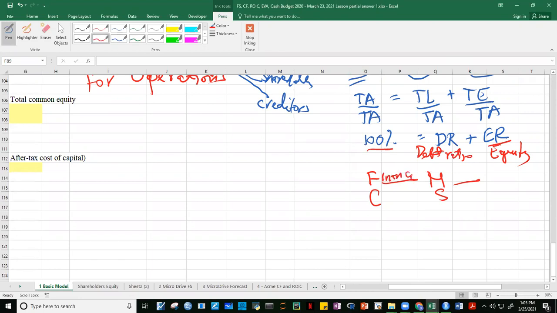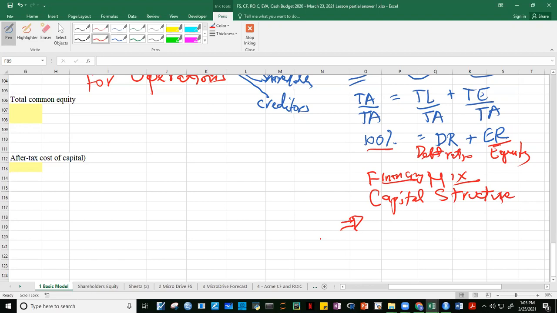Financing mix, or it's called your capital structure. It's called your financing mix or your capital structure. And we said that the role of finance is to make sure that the financing mix or the capital structure should, ano dapat yung financing mix?